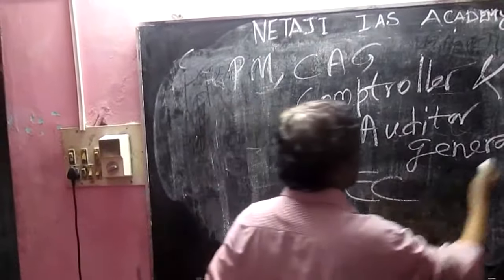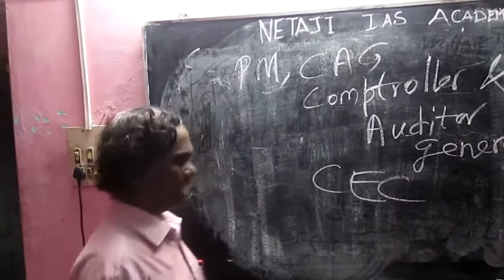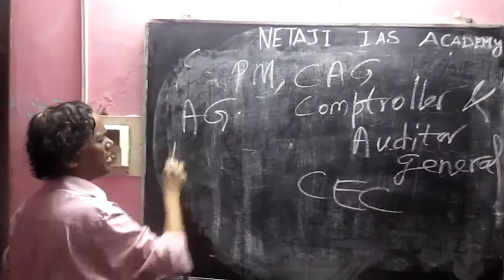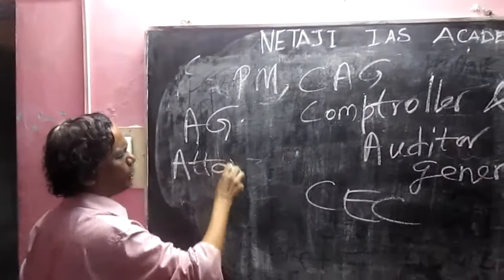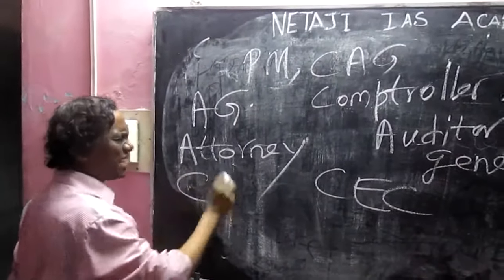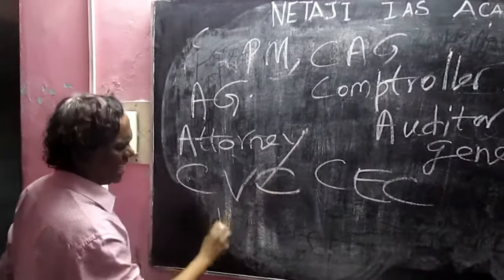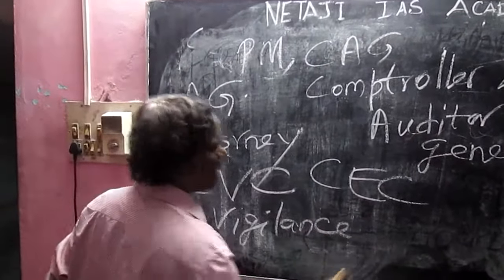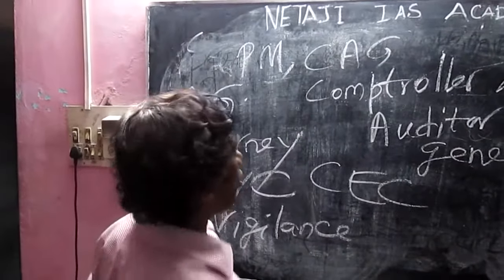CEC, Chief Election Commissioner. AG, Attorney General. CVC, Central Vigilance Commissioner. Judges of High Courts.